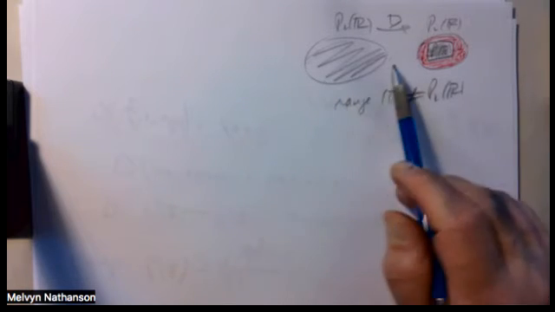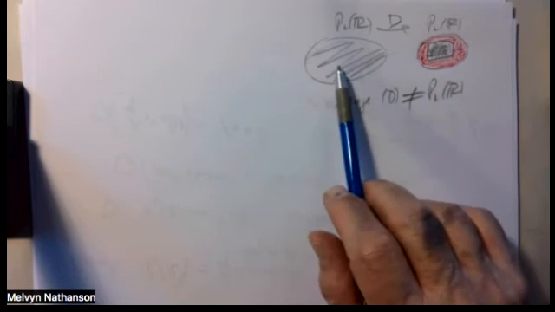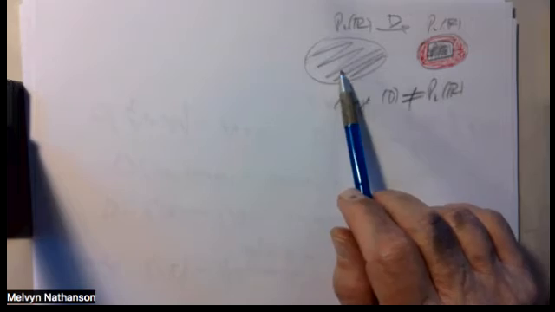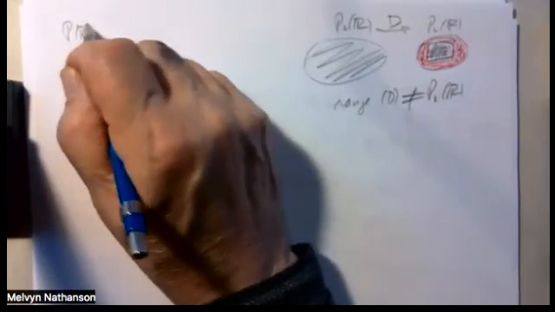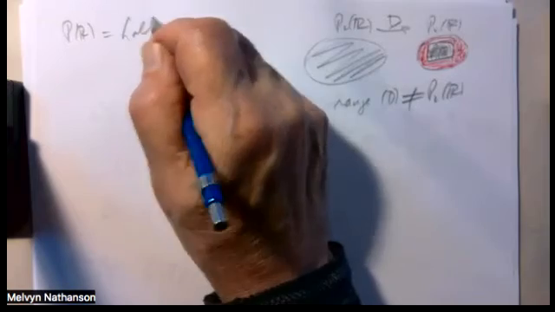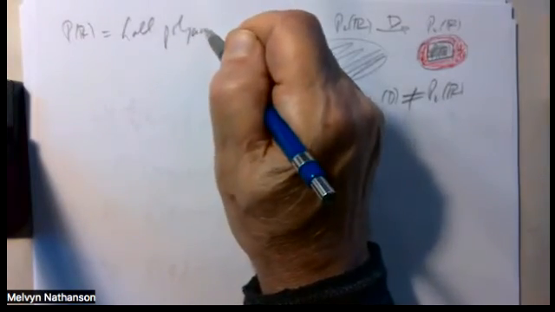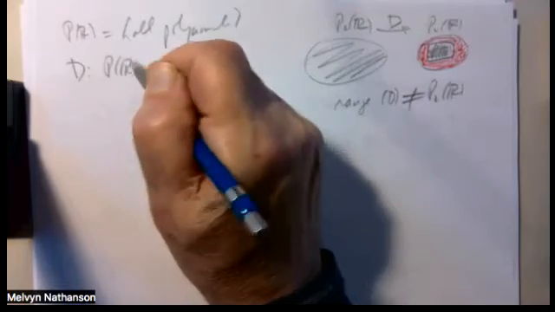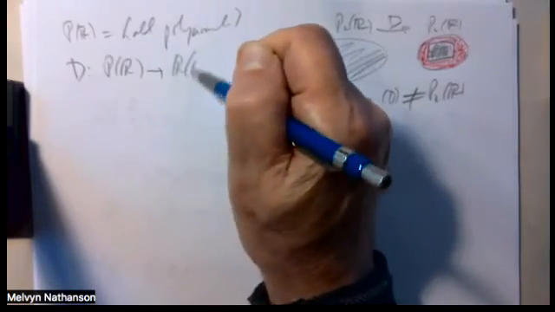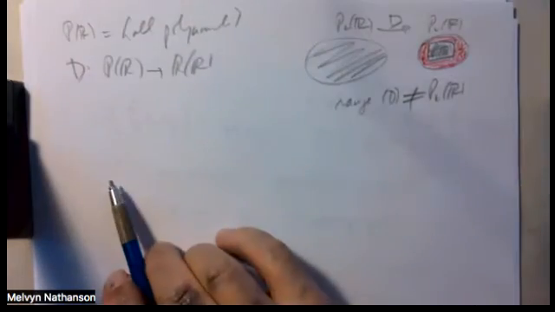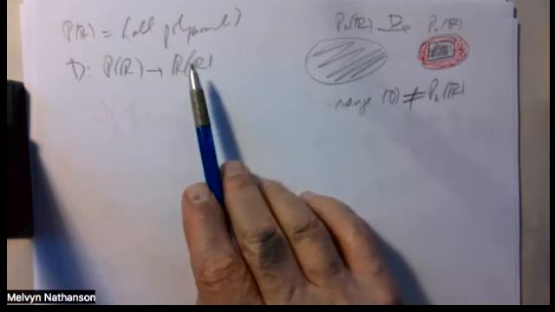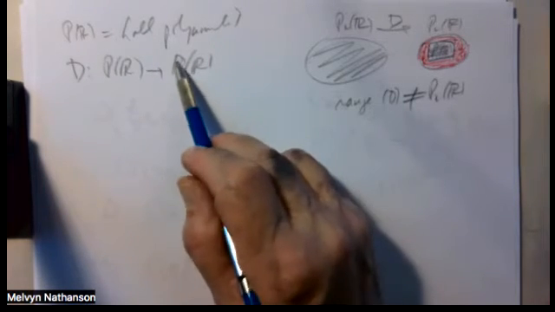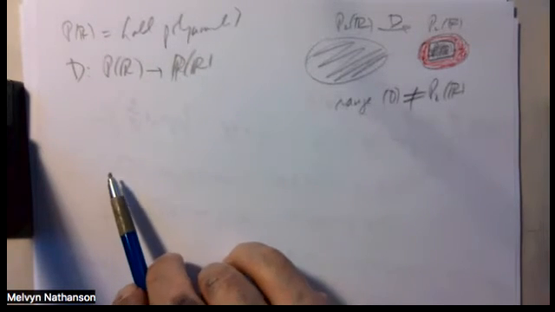But it sometimes happens that the range of a linear map is the whole space. So for example, if you look at P of R to be all polynomials of any degree, the map D from P of R to P of R, well, it covers everything over here because every polynomial is the derivative of some other polynomial.